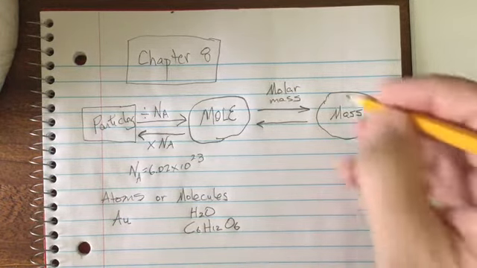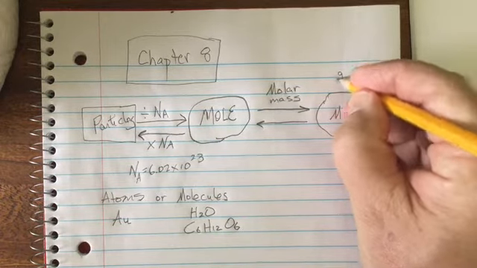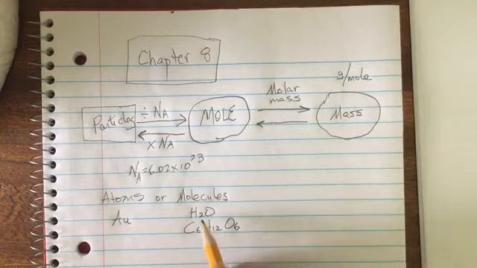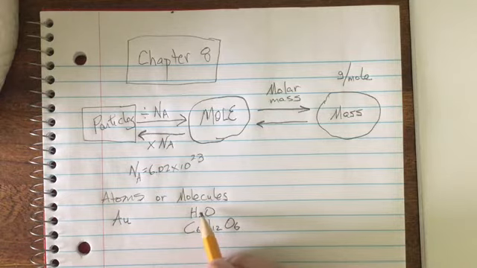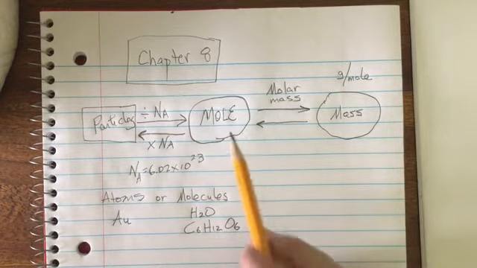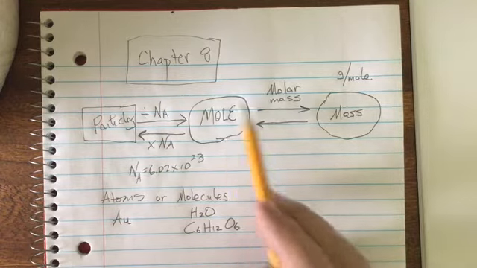Remember, the units of molar mass are grams per mole. Every mole, for example, of water has a molar mass of 1 plus 1 plus 16, or 18 grams per mole. So again, the mole is the center of my flow diagram.